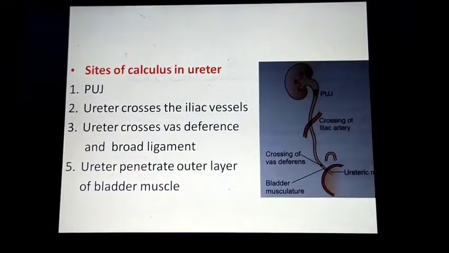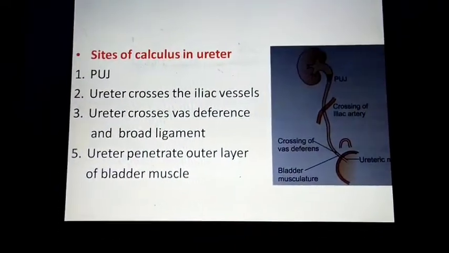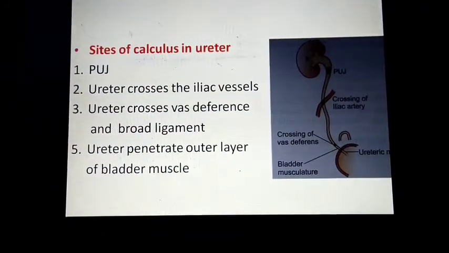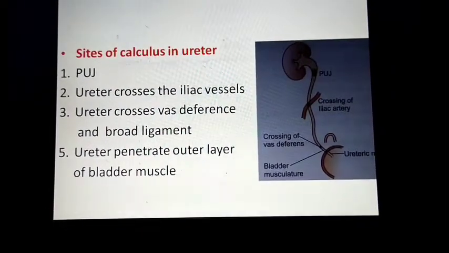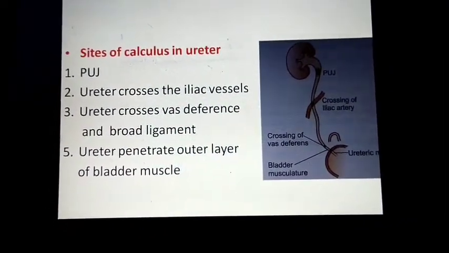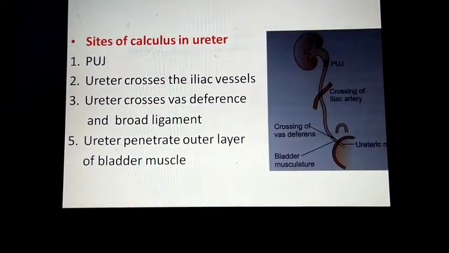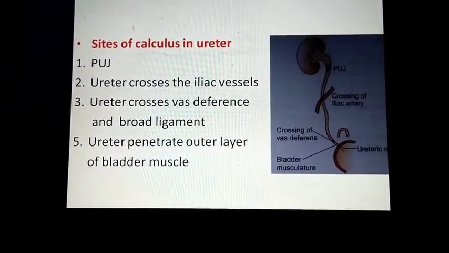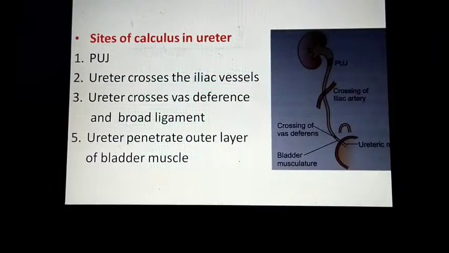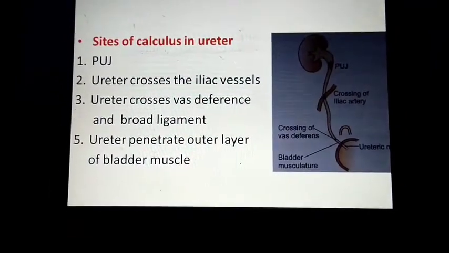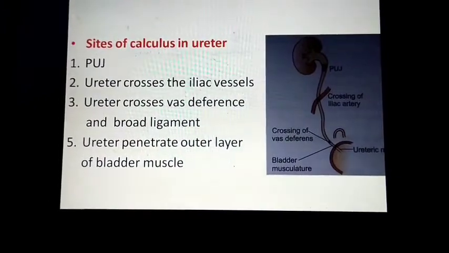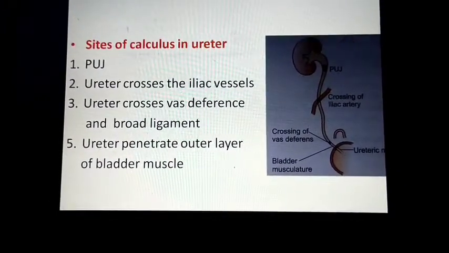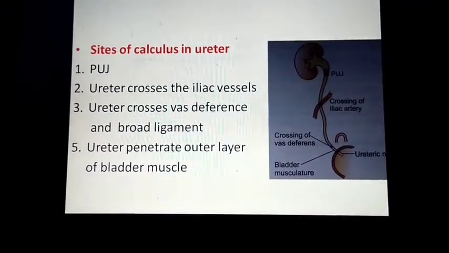But there are some constrictions, which I already told you about: anatomically 3 and surgically 5. One is the PU junction, then the PV junction, then the UV junction, where the pelvic brim is, where the iliac artery is crossed, and where the gonadal vessels and vas deferens are crossed. So there are 5 constrictions like that.